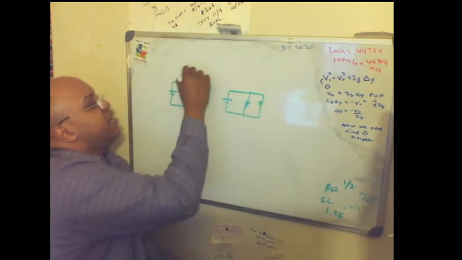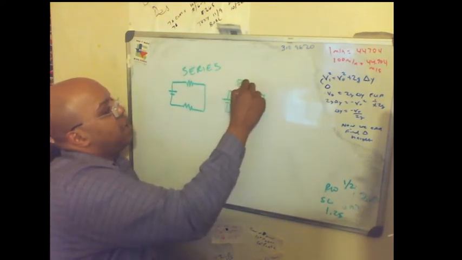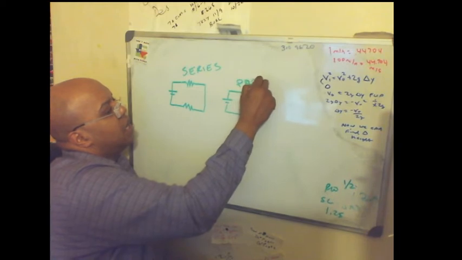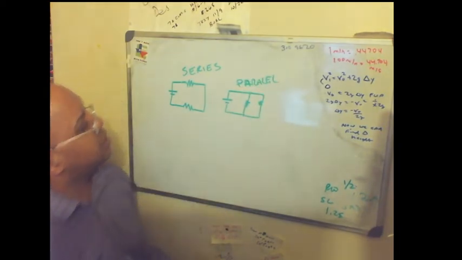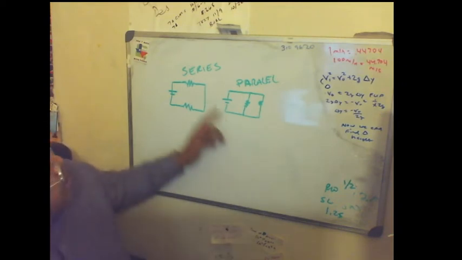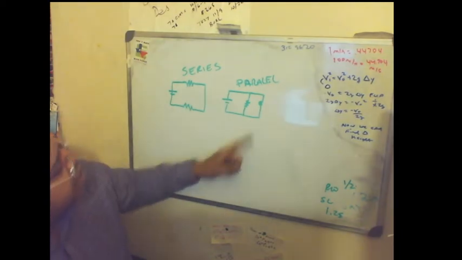This is the series arrangement. And this is the parallel. So these resistors are arranged in series. These are arranged in parallel.